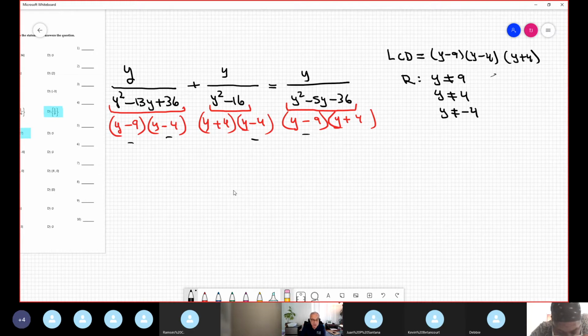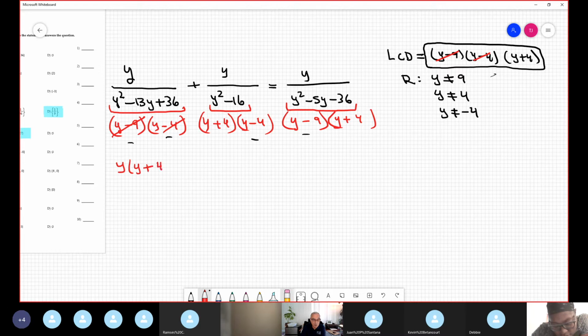Okay, let's do it in this way. Look, using a different color, when you multiply the LCD times the entire equation one by one, in the first expression, y minus 9 is cancelled, and y minus 4 is cancelled. And what stays alive is y plus 4 times y. So I copy y times y plus 4. Do you follow me?